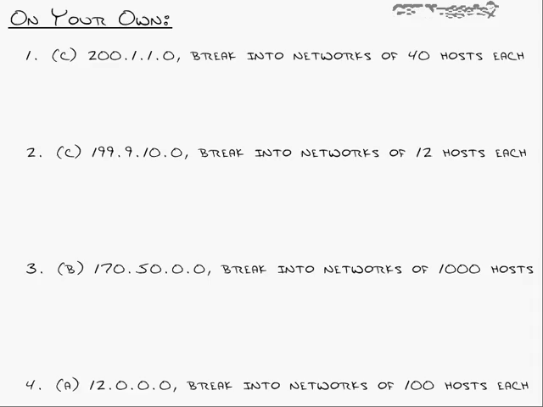At this point, you should be getting a little better feel for how this subnetting works. As I did in the previous video, I have an on your own section. It's essentially homework to work through 4 different examples of this, this time breaking into networks based on host requirements rather than network requirements. As I did for the previous video, working through these without having an answer to check yourself isn't very helpful.